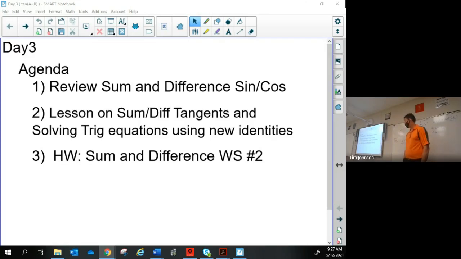Finally, we hopefully get a good 40 minutes to work on our worksheet, the sum and difference worksheet number 2. And if you have any questions on the first 2 worksheets that we did, that would be your time during work time to ask those things. All right. Any questions here about our agenda?